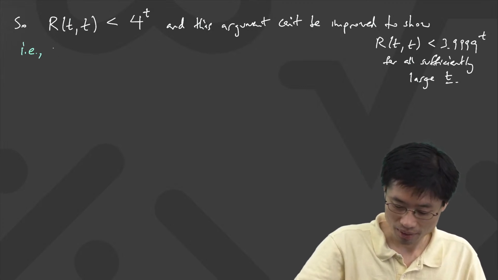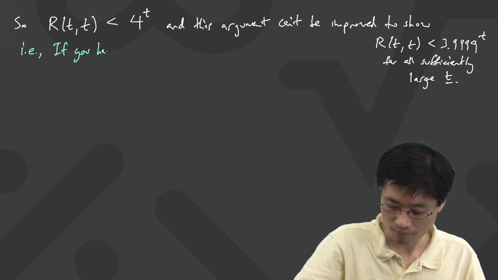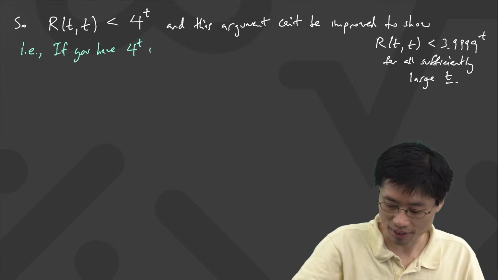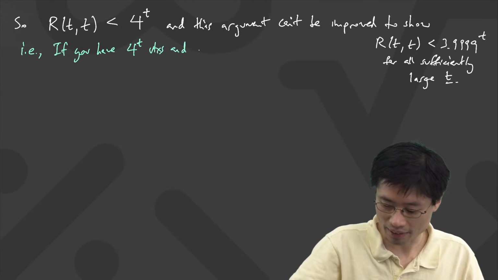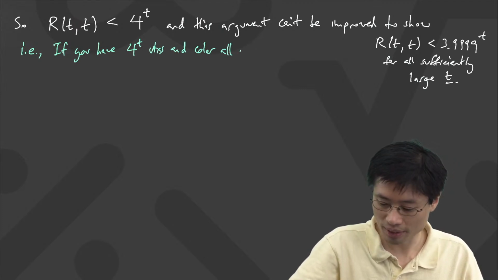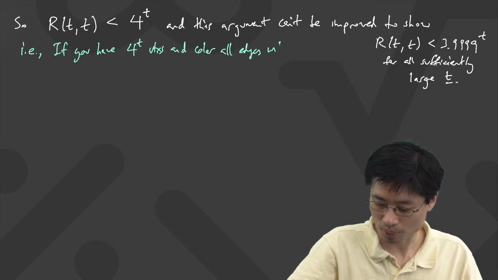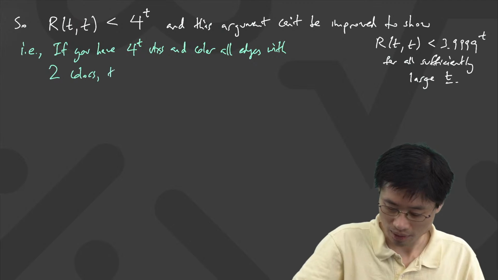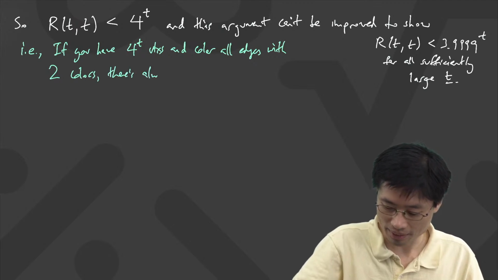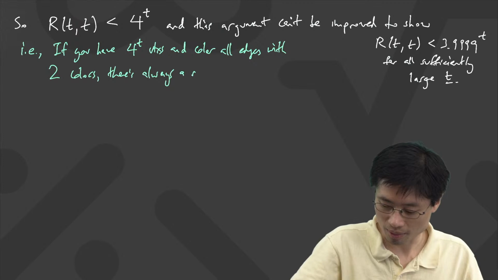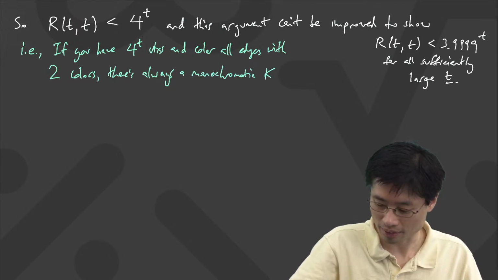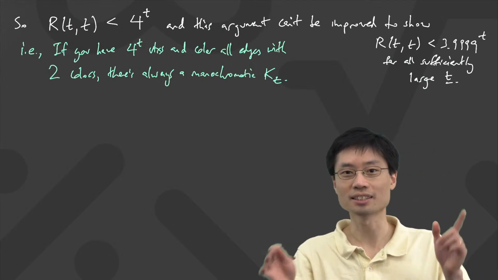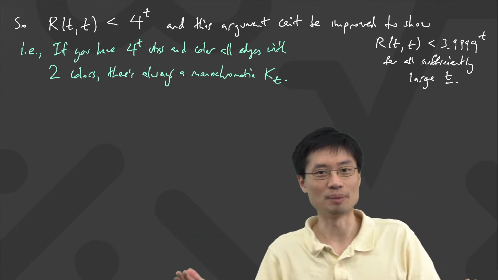I.e., if you have 4 to the t vertices and color all the edges with 2 colors, there's always a monochromatic K_t.